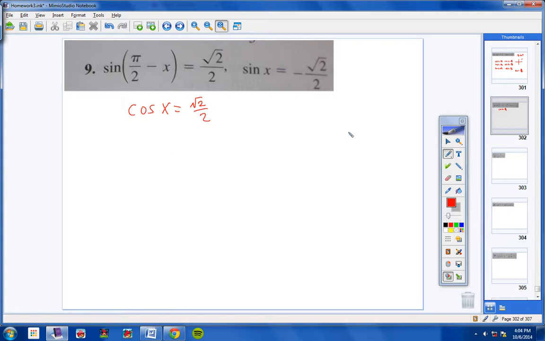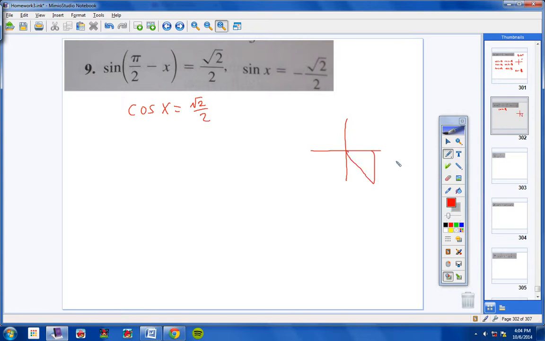A lot of you are forgetting to get your positives and negatives correct. So right away, make sure you know what quadrant you're in. You want to go to a quadrant where sine gives you a negative answer and cosine gives you a positive answer. That's the 4th quadrant.